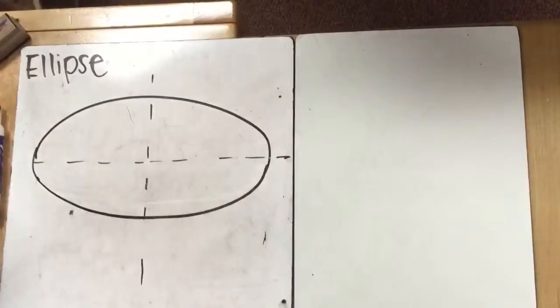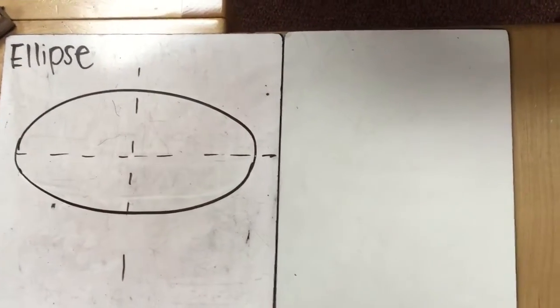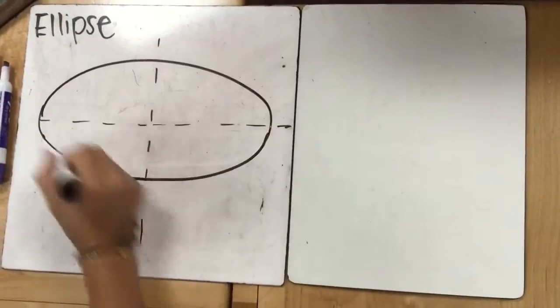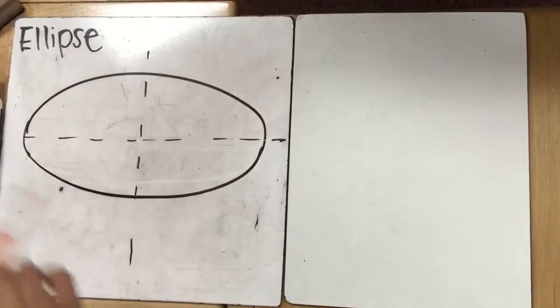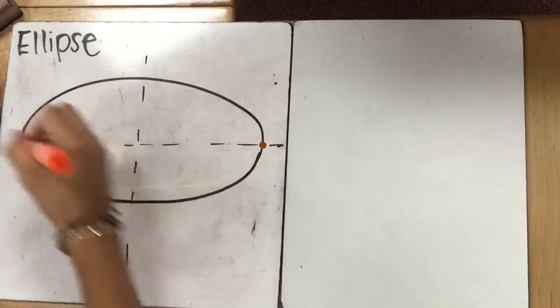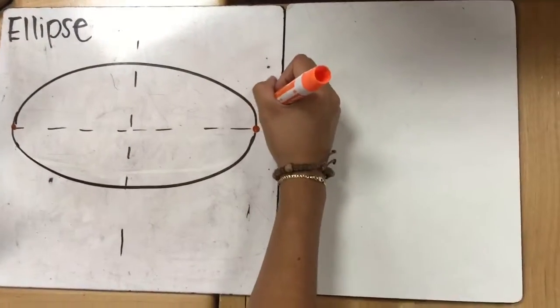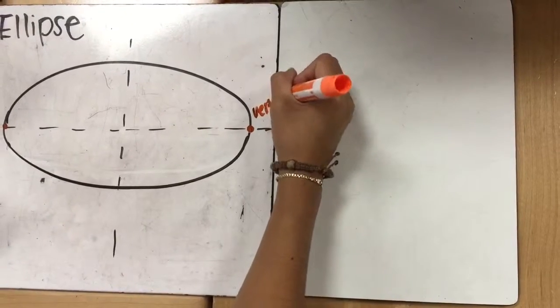Another one of our conics is an ellipse. An ellipse is basically an oval on your graph, and the endpoints right here are called vertexes, or vertices.